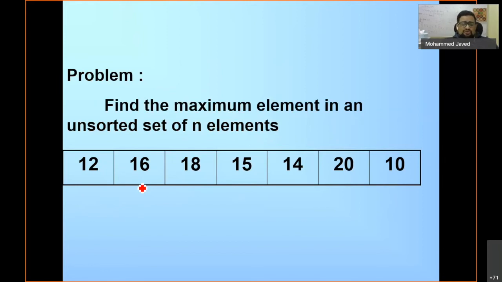You initialize with the first element, assuming that it is the biggest, and then you scan through the elements. If an element is greater than the current maximum, you swap it, and after passing through the array you get the maximum element.